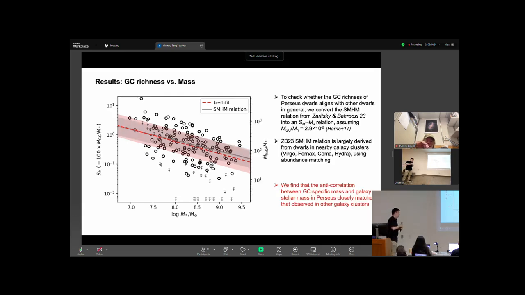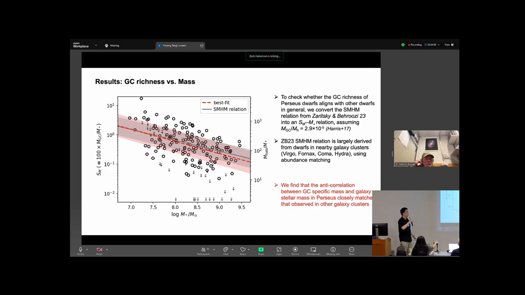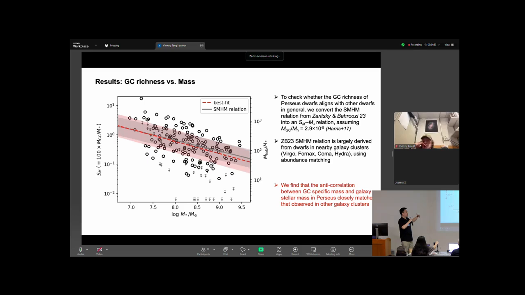We compare to a stellar mass-halo mass relation derived from other galaxy clusters. There's a nice stellar mass-halo mass relation from Zaritsky and Behroozi 2023. That relation is derived from dwarfs in other clusters, from Virgo, Fornax, Coma, Hydra. All of them are nearby galaxy clusters, and they use abundance matching. We assume a fixed M_GC over M_halo.